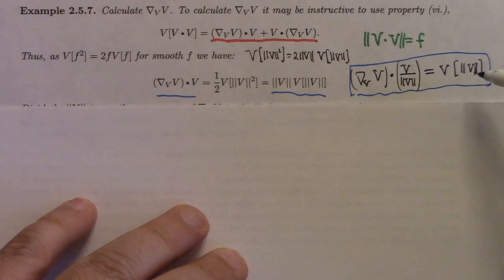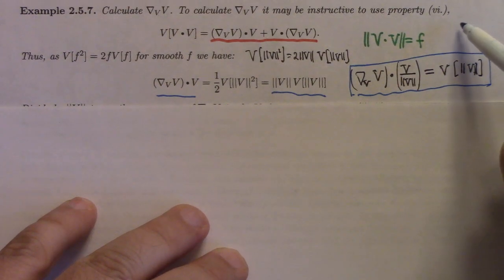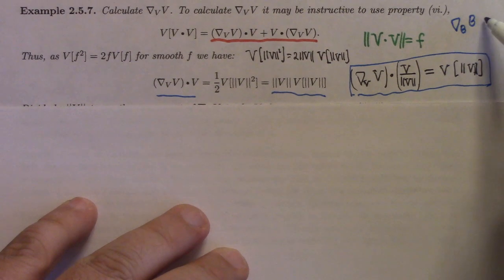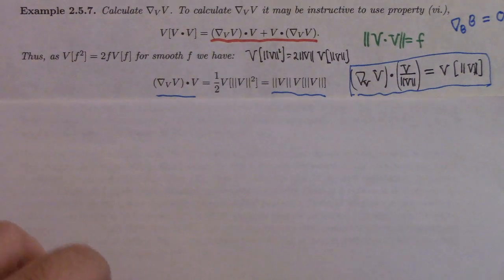Those vector fields have constant length, right? So if we were to calculate the covariant derivative of b in the b direction, that would be 0, etc. Or t in the t direction. All those are 0.